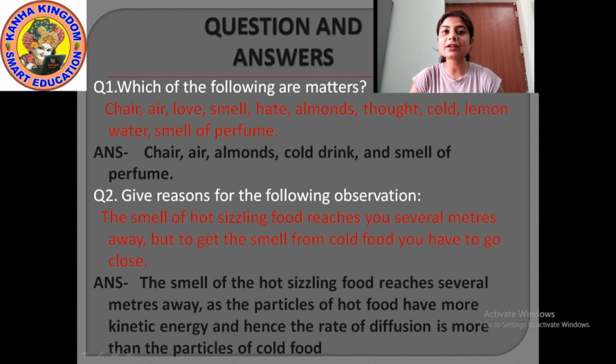The kinetic energy of the hot food is more. That is why you get the smell of the food even if you are far away. But when the food is cold, the kinetic energy is less. That is why you get less amount of smell. You have to go near to the food to get the smell.